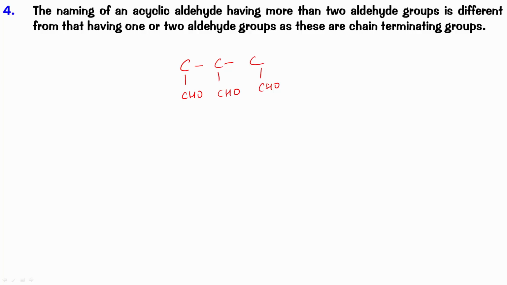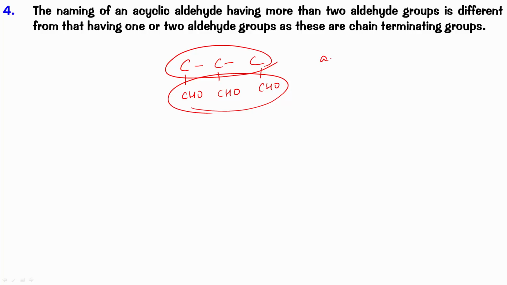If there is a chain in which the aldehyde groups are directly attached, then we are not going to include the carbon of the aldehyde in the naming. We will only look at the chain on which the 3 CHO groups are attached.